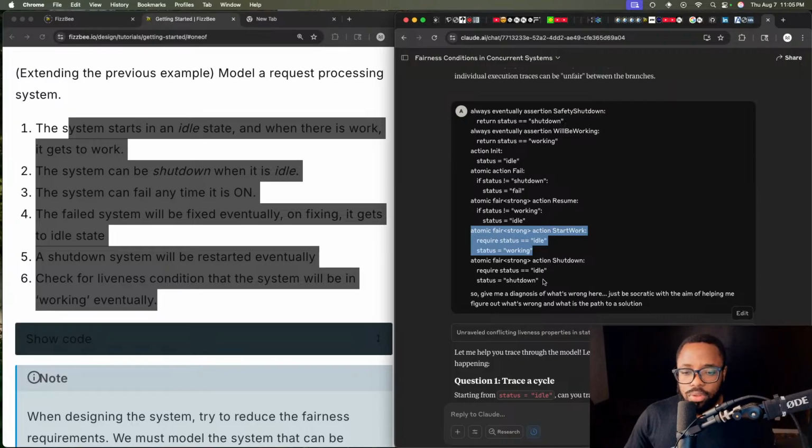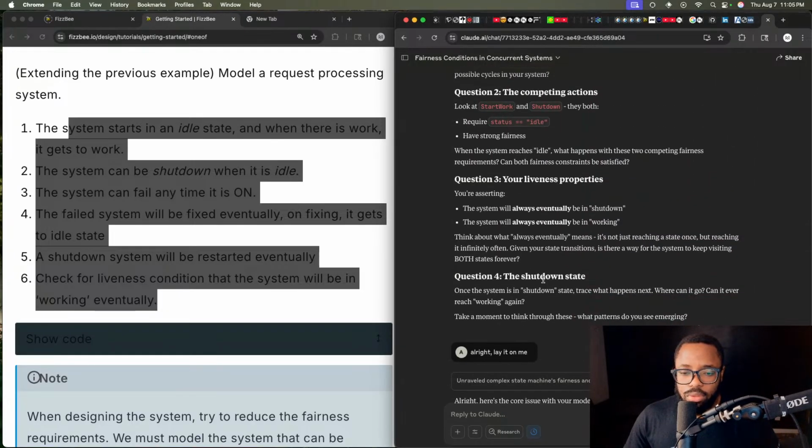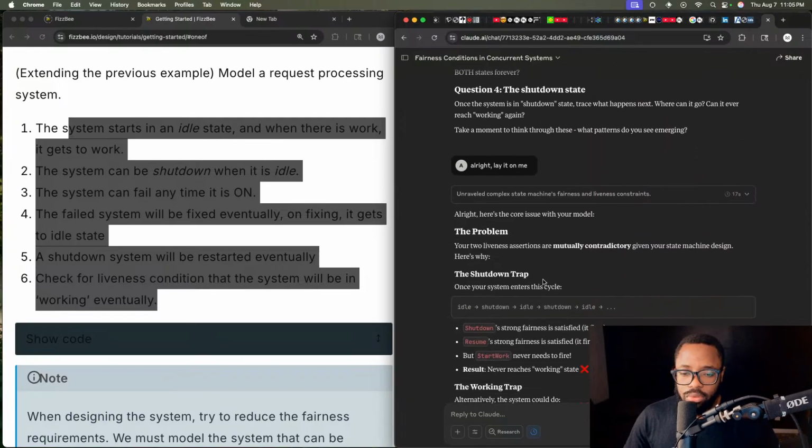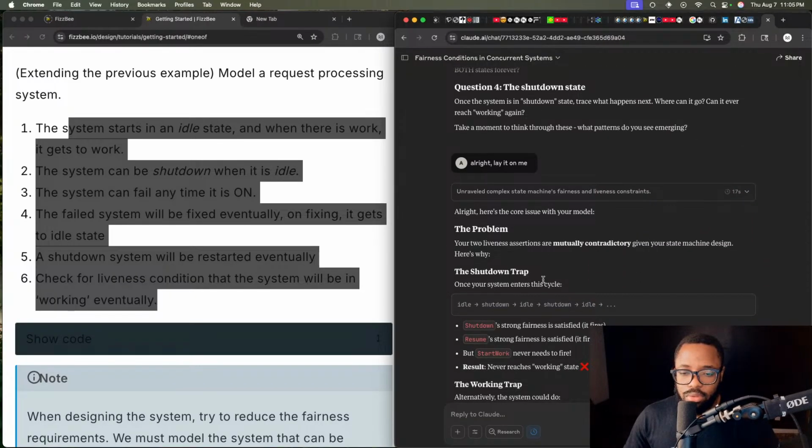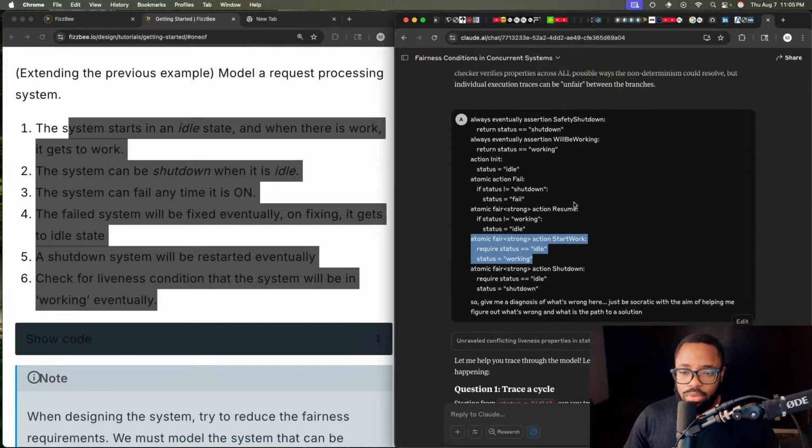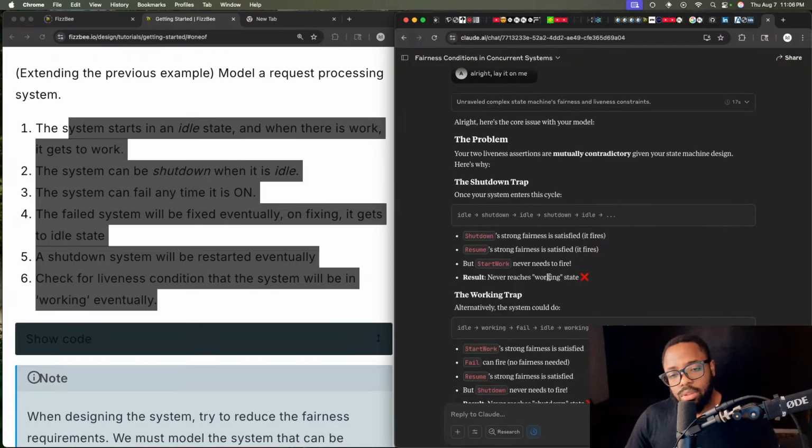Okay, yeah, it fires. And idle, yeah, that too I get. Idle's fairness, or resume fairness, fires. Okay. But Start one never needs to fire. That's what I don't understand. Why?